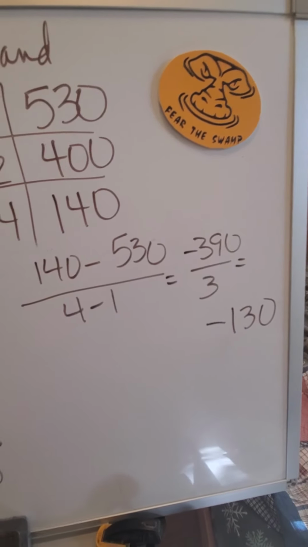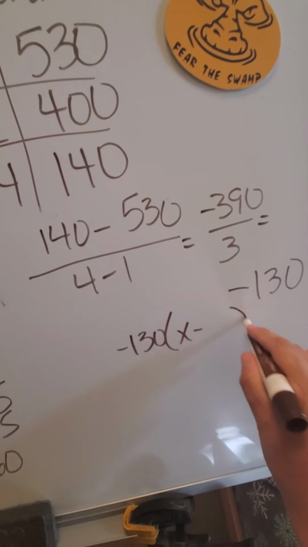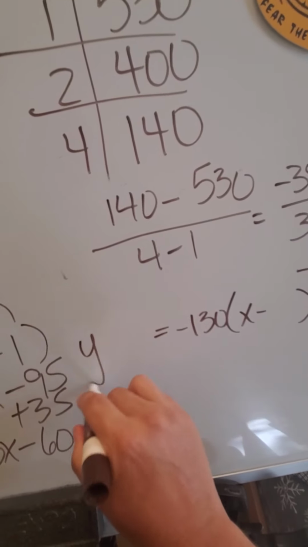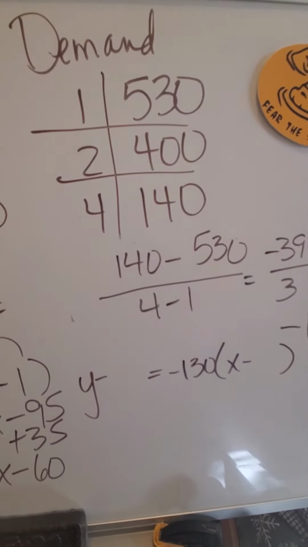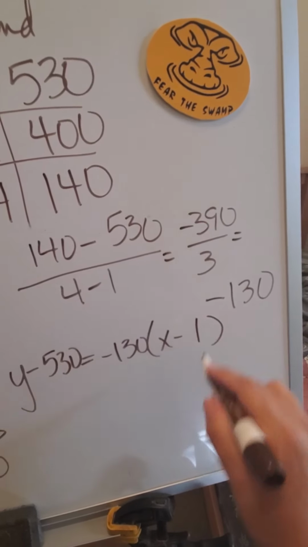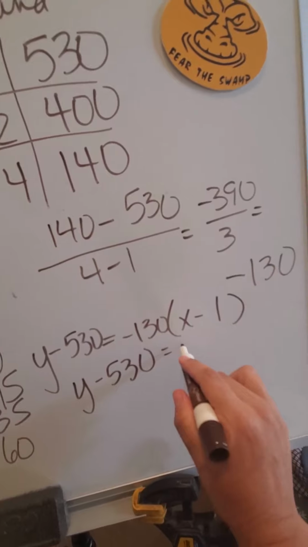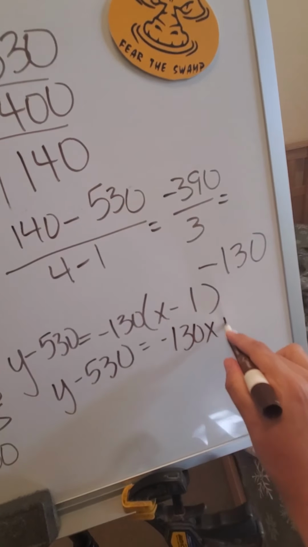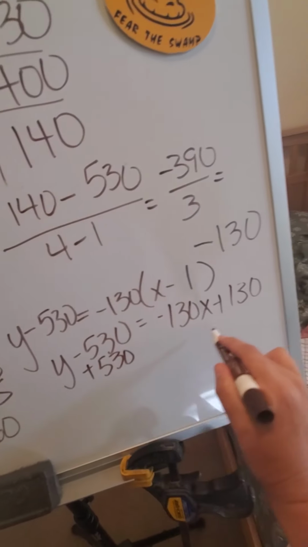Okay? So now I'm going to do, again, negative 130, x minus, and y minus. And I can pick any ordered pair. I'll do the top one, 530, and this will be 1. So that'd be y minus 530 equals negative 130x plus 130, right? I add 530.